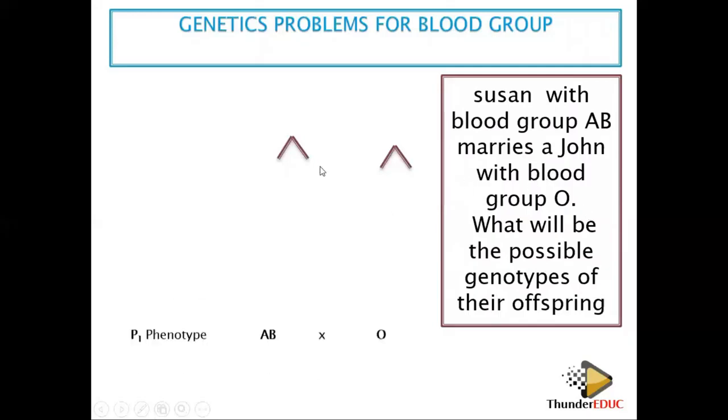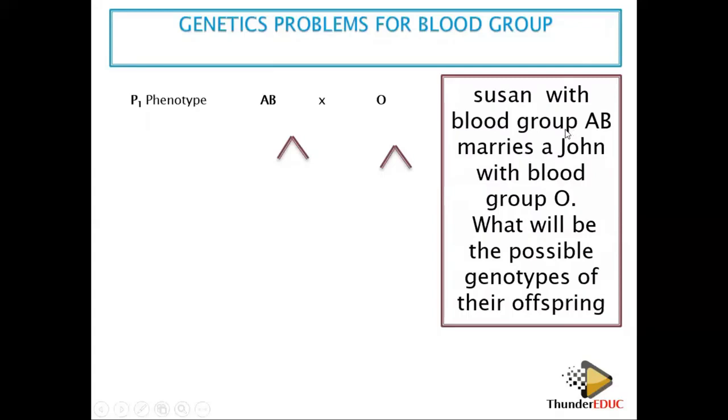In this case, you're supposed to find out the phenotype and the genotype. So you write P1, F1, where P1 means parent generation, and F1 the first generation. The phenotype is always obtained from the question.